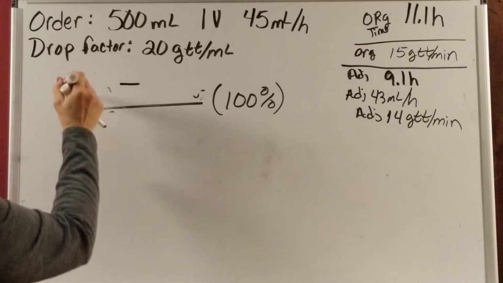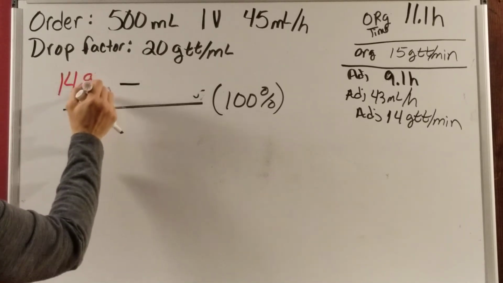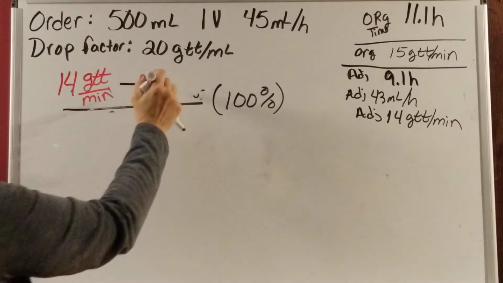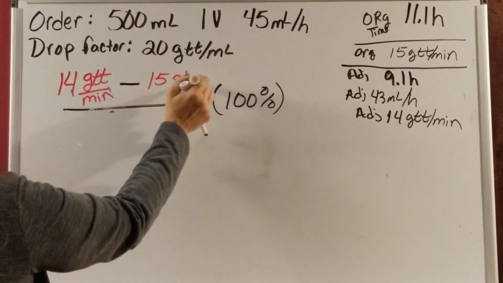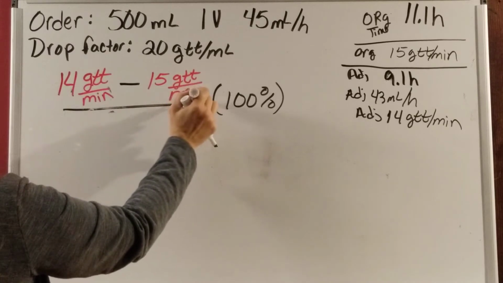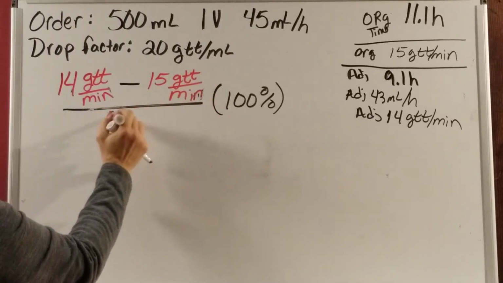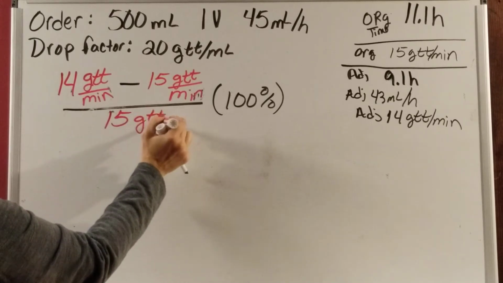So my adjusted is 14 drops per minute. My original is 15 drops per minute. And it's all divided by the original drops per minute.